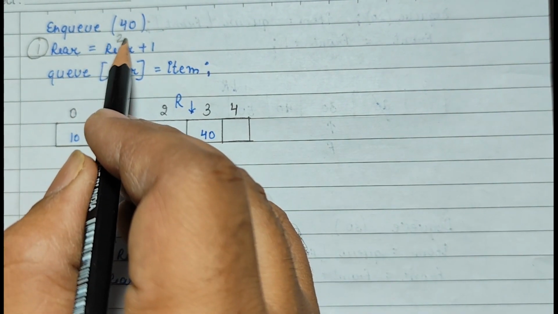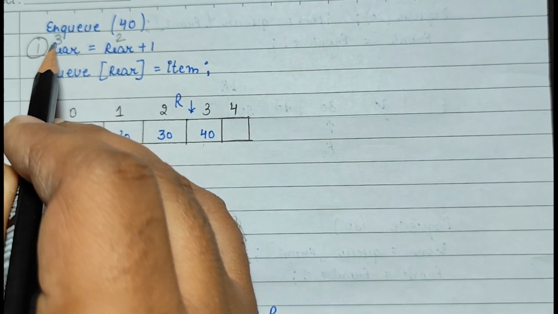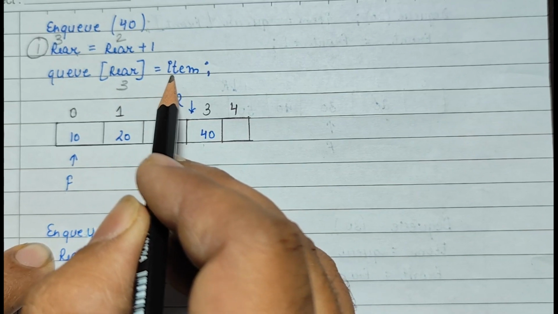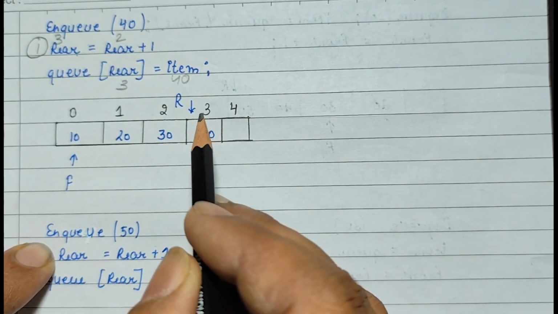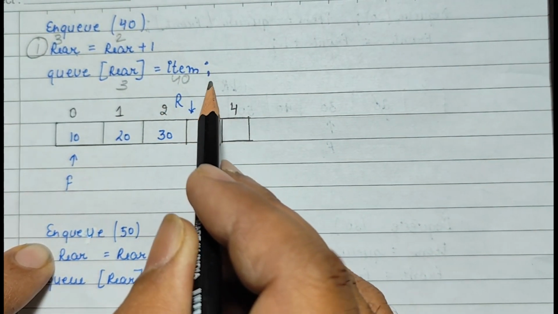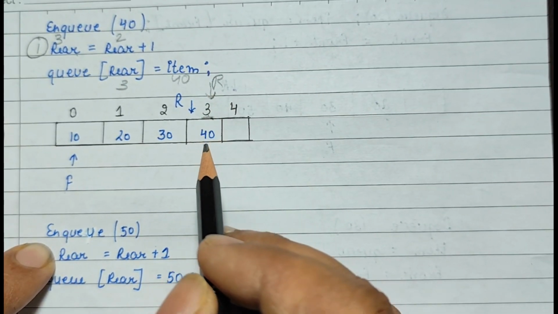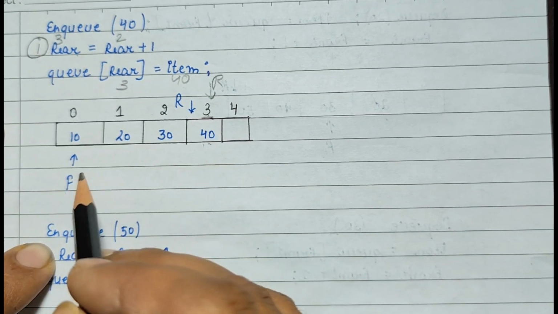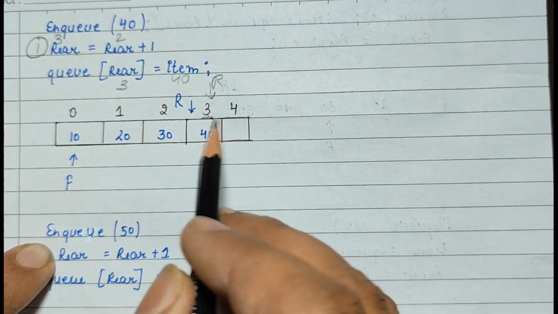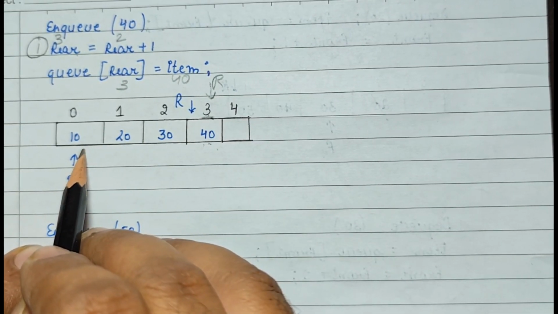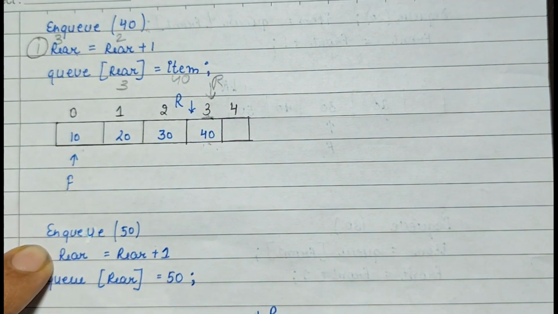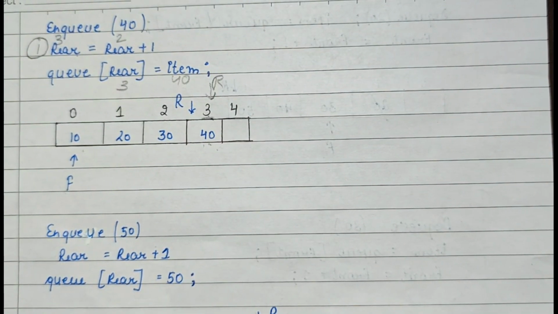Last value of rear is 2. 2 plus 1, it becomes 3. And Q of 3 is equal to item. What is our item? Item is 40. So now rear is pointing to index 3, okay, and 40 is inserted. Front is same because except the first element, whenever we insert any element, then only rear is updated.